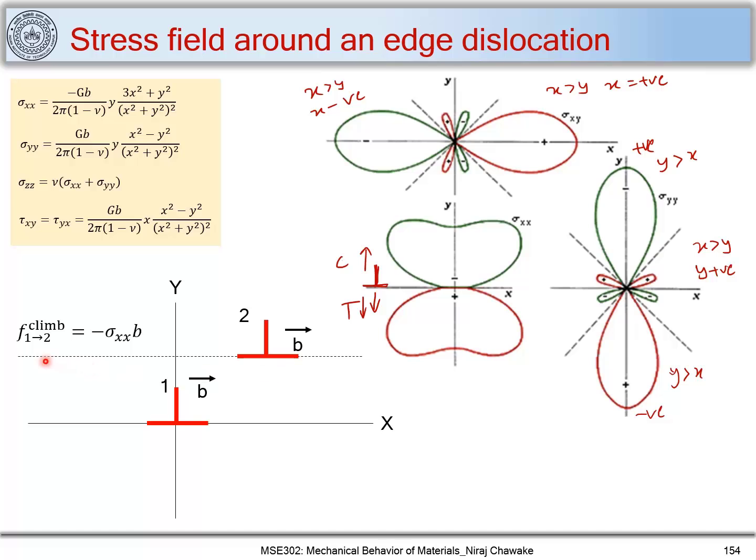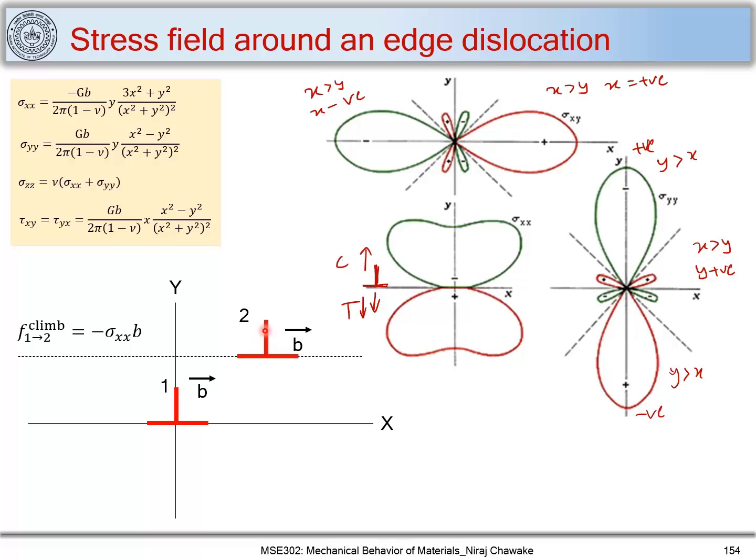What I want you to find out is that the climb force on dislocation 2 because of the stress field around dislocation 1 will be minus sigma xx into b. So you have a compressive stress over here, and let's say this compressive stress will act on the extra half plane, which is normal stress to this.